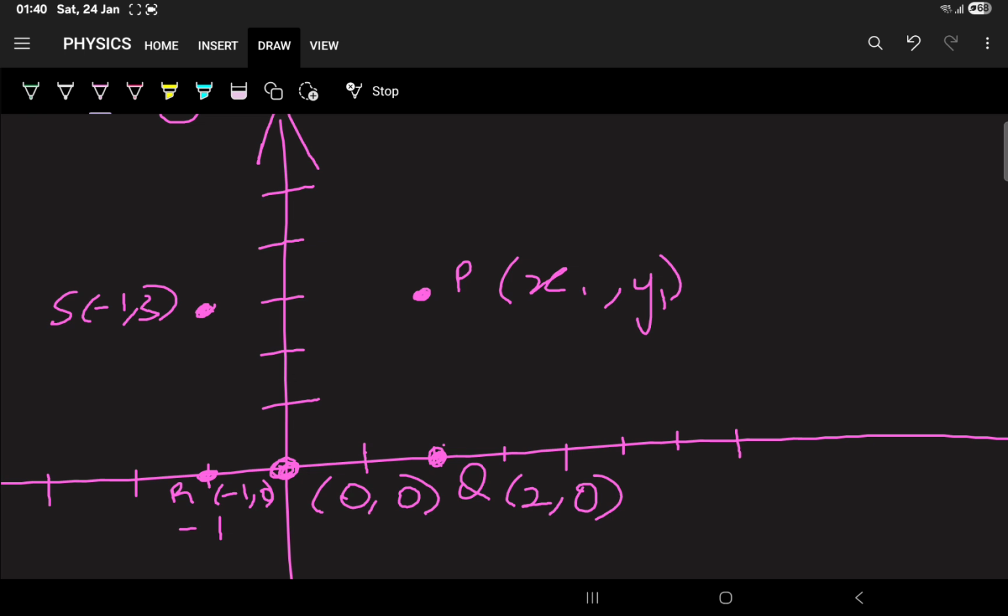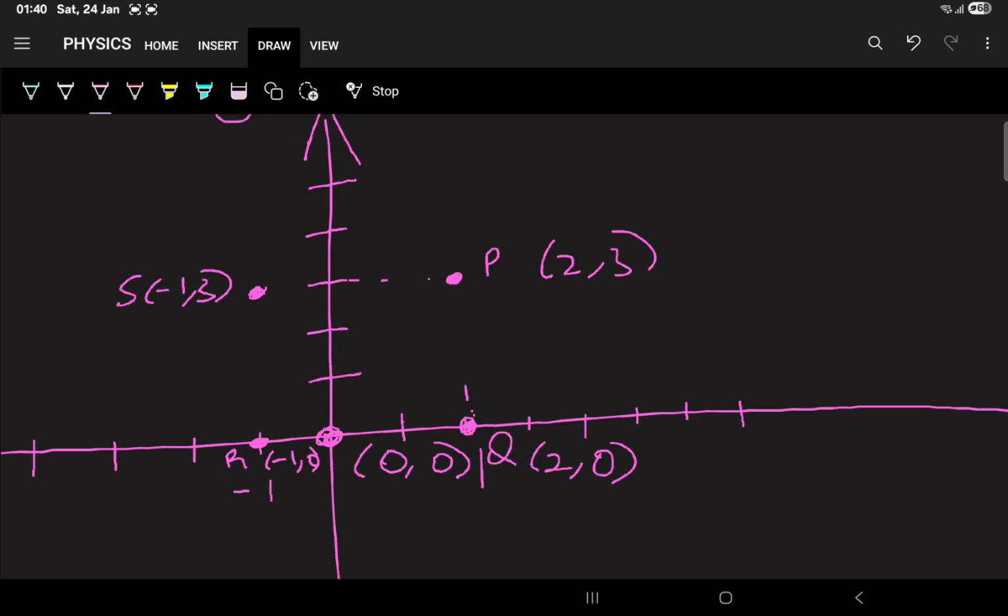On the x-axis, we can see it aligns to 2, and tracing into the y-axis, it aligns to 3. So this is 2, 3.